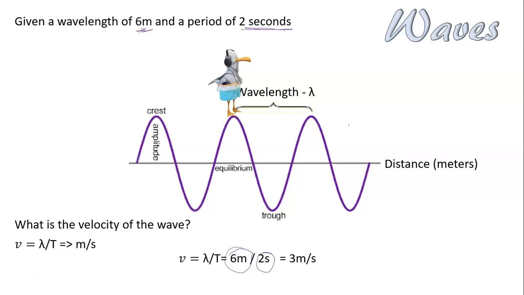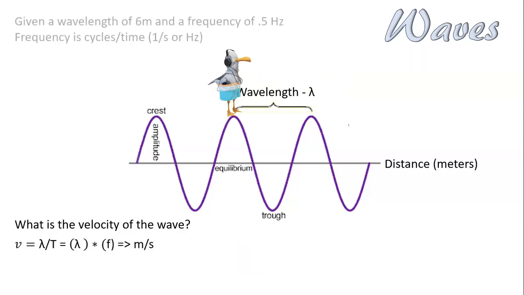So we know that this guy, he's on top of the wave, he's actually traveling to the right. So it's a vector, right? We can say he's traveling to the right at 3 meters per second. Great. So now you know how to solve for the velocity with respect to a period.